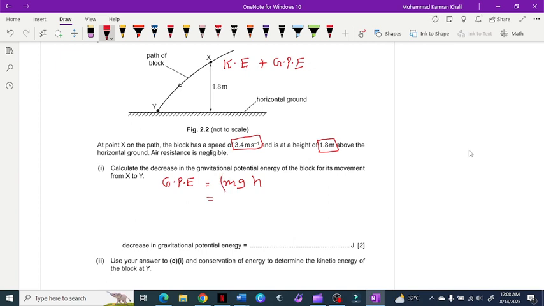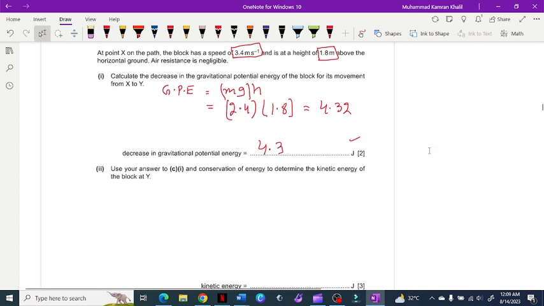So it means 2.4, and then we multiply it by 1.8. 2.4 multiplied by 1.8, we get 4.32, and after rounding off we get 4.3, and the unit is always written as joules.